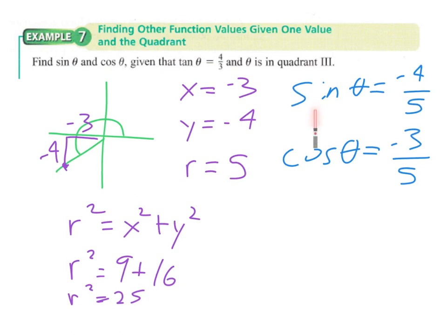And if I know that the sine is negative 4/5, then the cosecant would be negative 5/4. And if the cosine is negative 3/5, then the secant would be negative 5/3. But they're only asking for sine and cosine, so we'll just stop there. And hopefully this was helpful for you getting a further understanding of how the trig function values work.